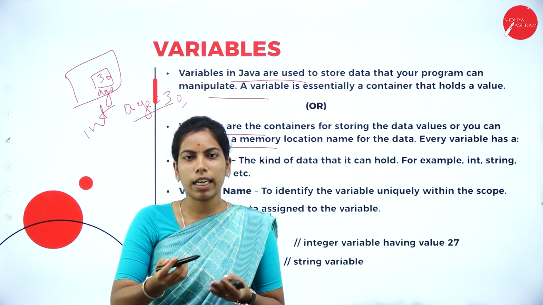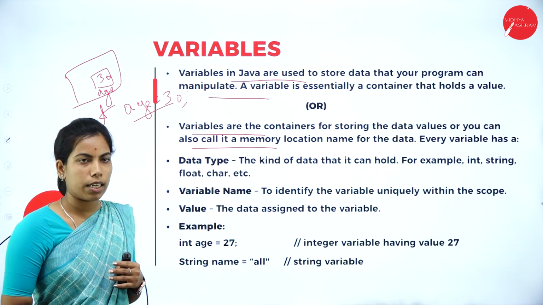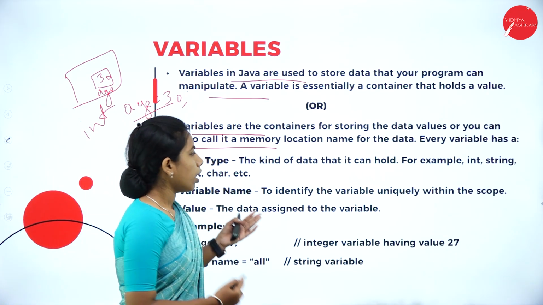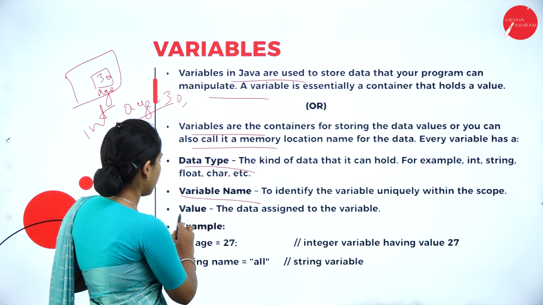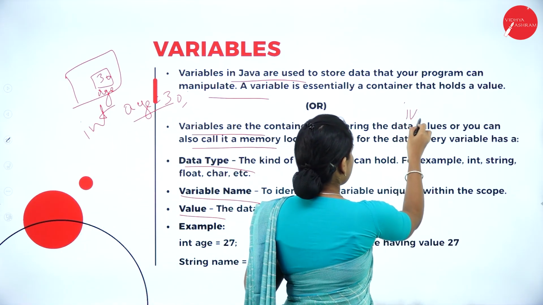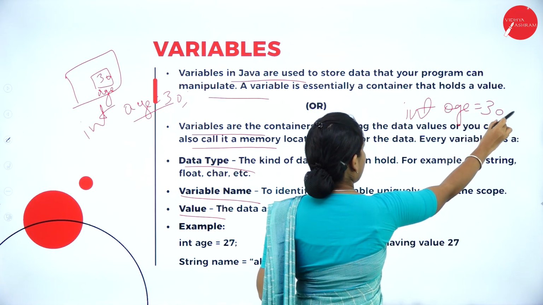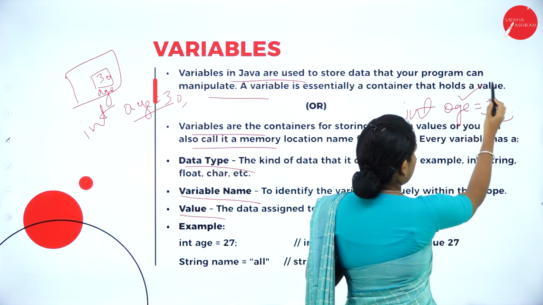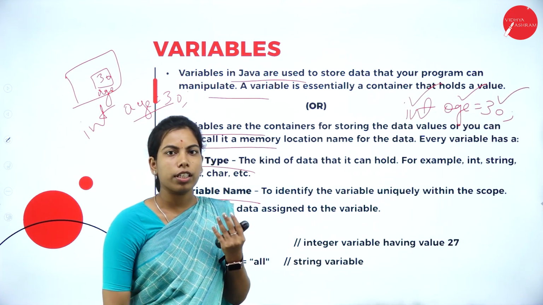Whenever I want, I can access that variable whenever the program is in use. So a variable can have a data type, a variable name and a value. As I already mentioned, int age is equal to 30. Age is the variable name, 30 is the variable value, and int is the variable type.